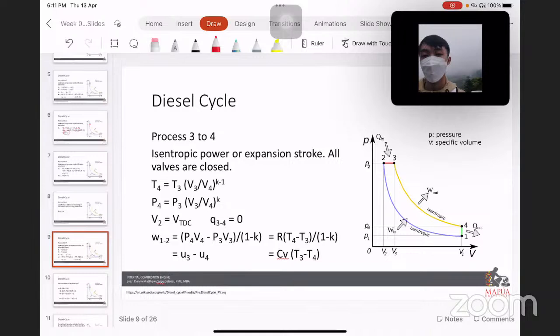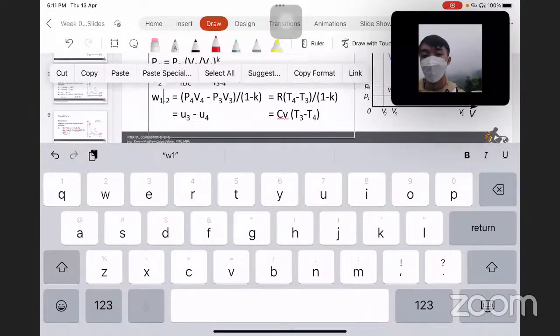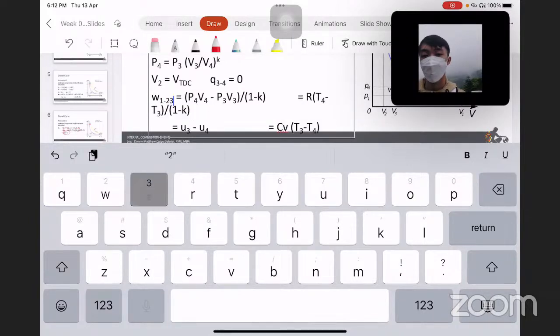So, mali ito. Typo ito. Hindi ito work at 1 to 2. Conversion natin ito. This is work at 3 to 4.